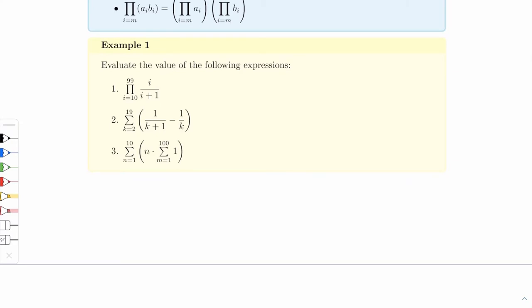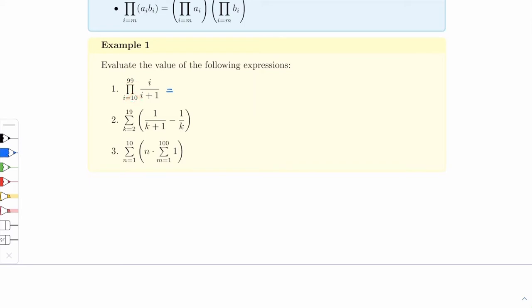So we want you to evaluate the value of the following expressions. The trick to do this is that you can compute the first few terms and see if there is anything you can cancel out. So you don't really compute this all the way till 99 manually. We start from i equals to 10 all the way till 99.